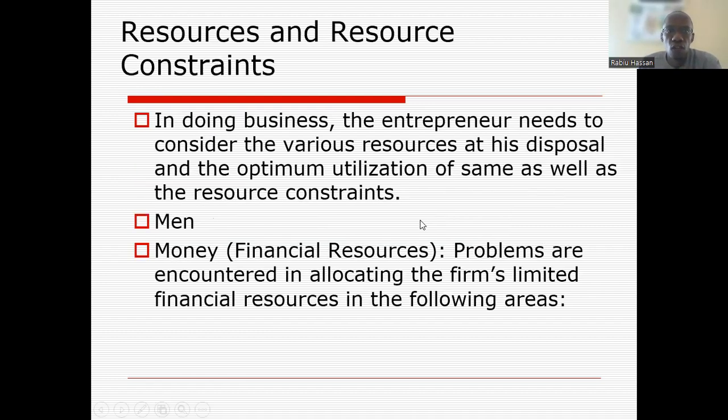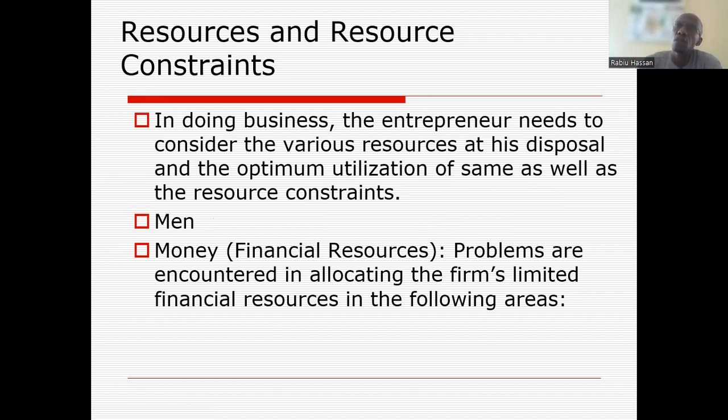And then resource and resources constraints. When you discover the opportunity, you need to marshal resources to fund the business, you understand, to start it up. And in doing that, you need to buy a lot of material, a lot of asset, a lot of machines and what have you that will help you to run the business, you understand.